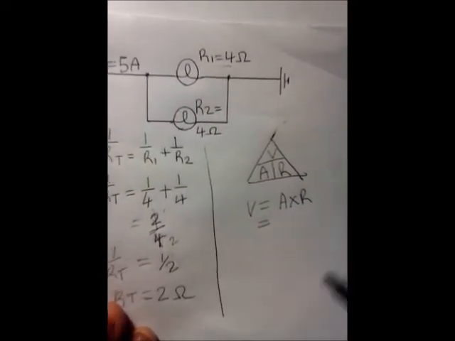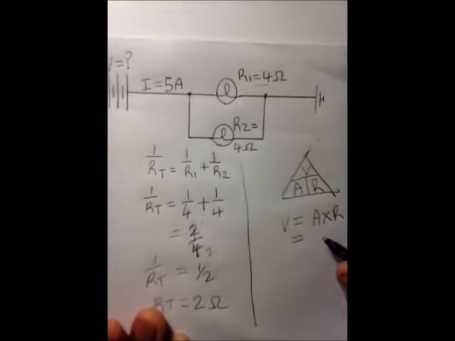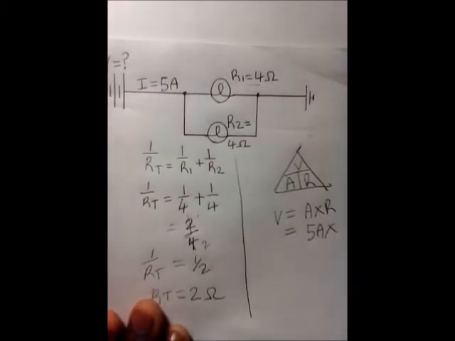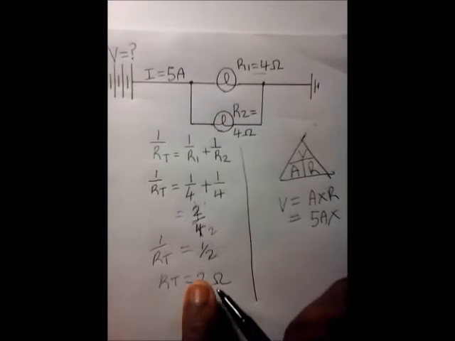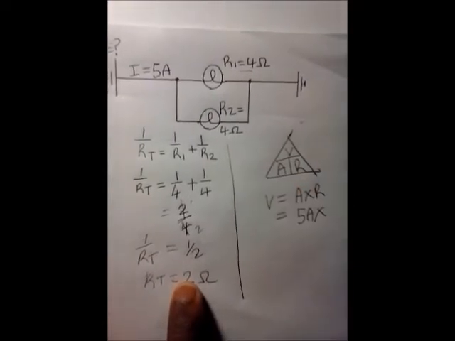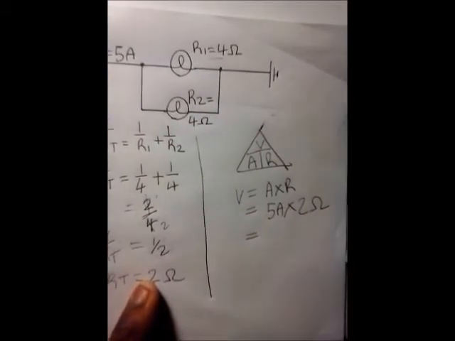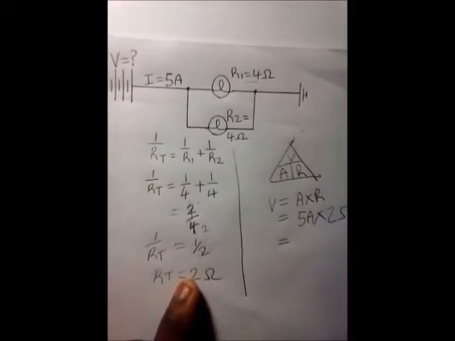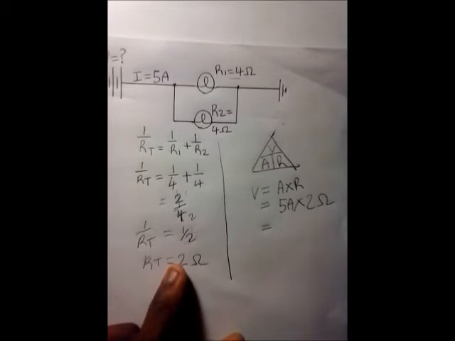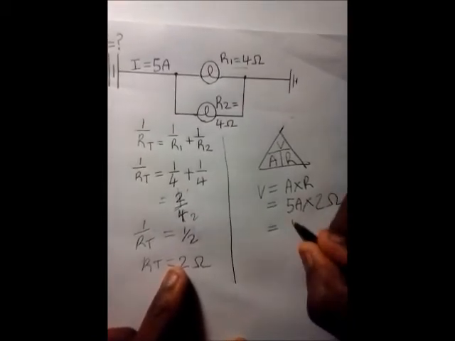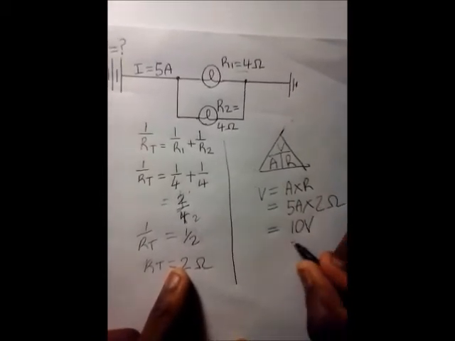Therefore, 5 amps times the total resistance in the parallel circuit, which is 2 ohms. Not rocket science, guys. You don't even need a calculator for this. 10 volts. Bam.